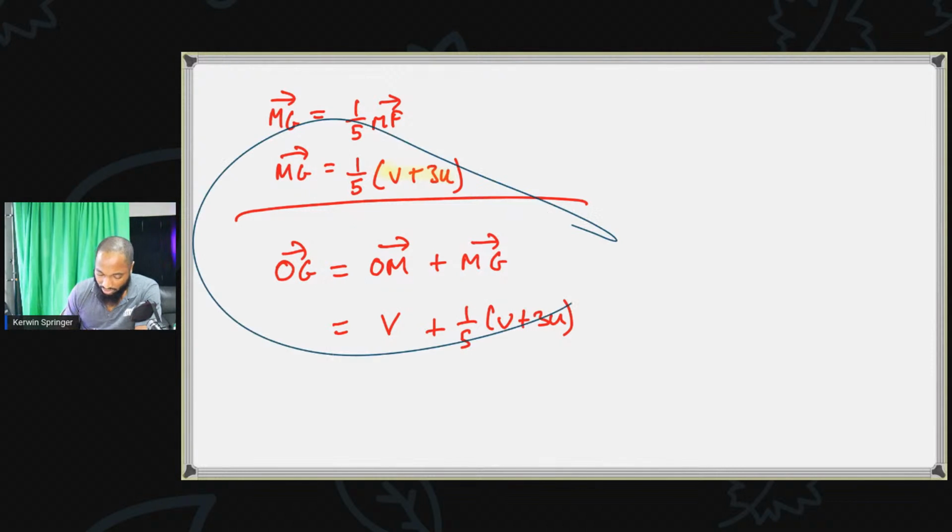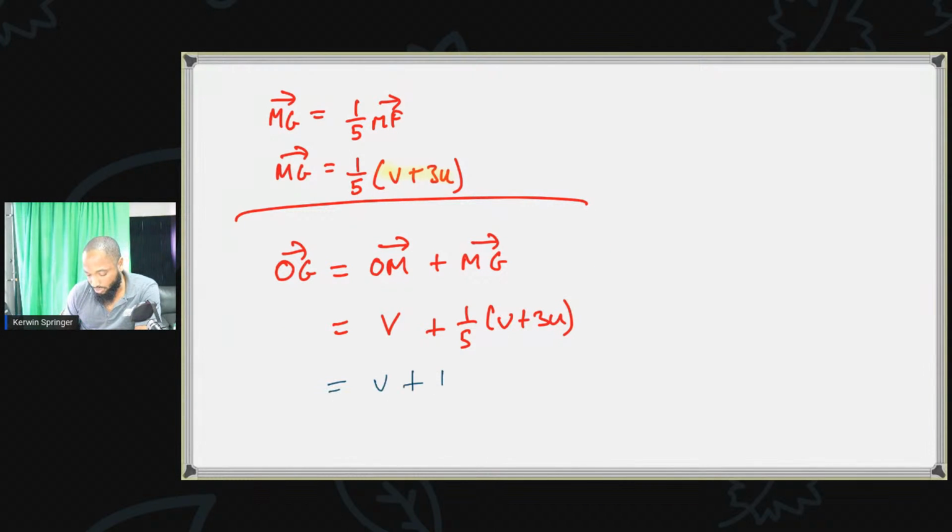V plus 1/5 V plus 3/5 U. If you expand this, 1/5 by V is 1/5 V, 1/5 by 3U is 3/5 U, and V plus 1/5 V is 6/5 V plus 3/5 U. So that is what OG is.